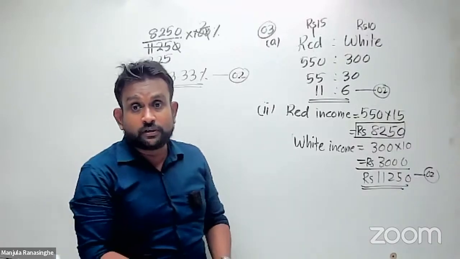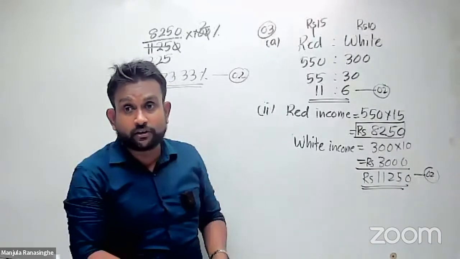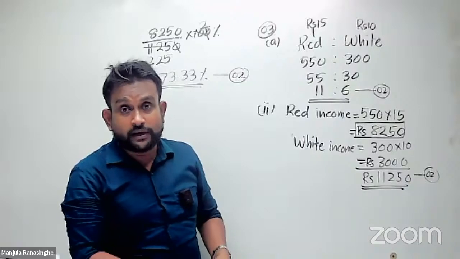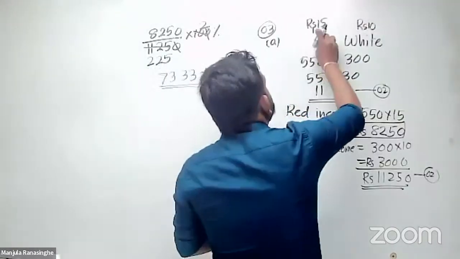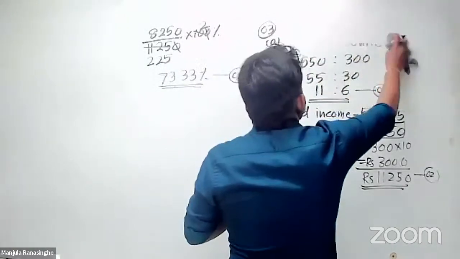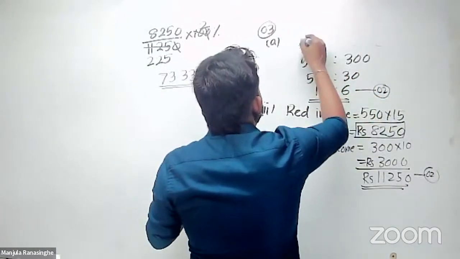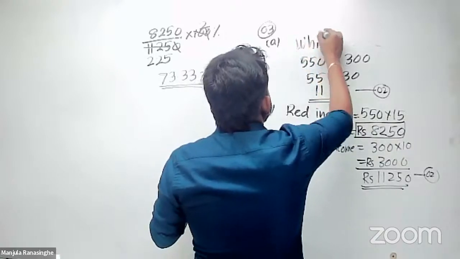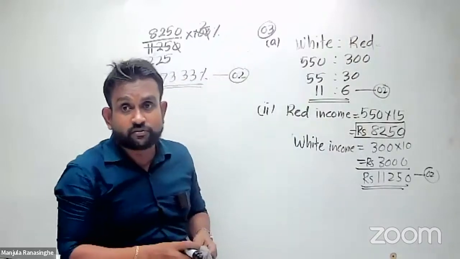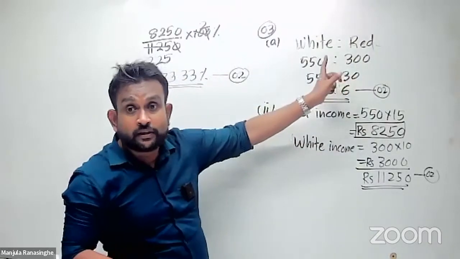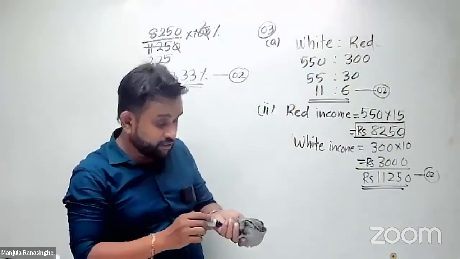They are asking with the number of white lotus and red lotus. White lotus, how much? 550. Here white, that's the problem. That's why I checked the simplification, white here and red here. Okay, white 550 and 300 red lotus. So that is the ratio.